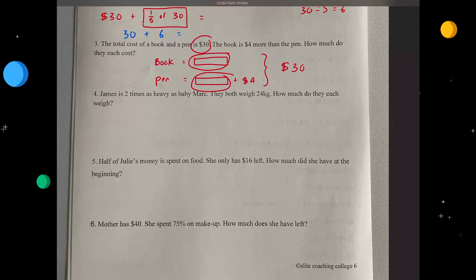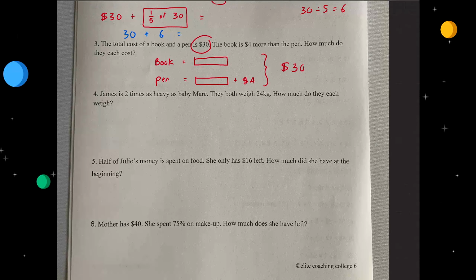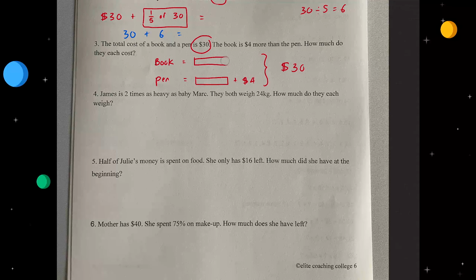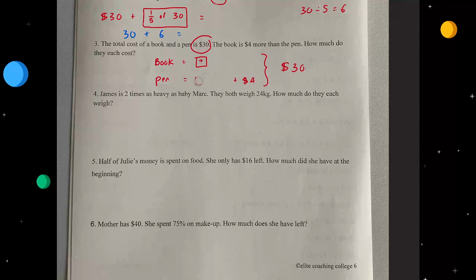Let me just get rid of all that. Looks very messy. So you can say something like pen equals 13 and book equals 13 plus 4, which equals 17.